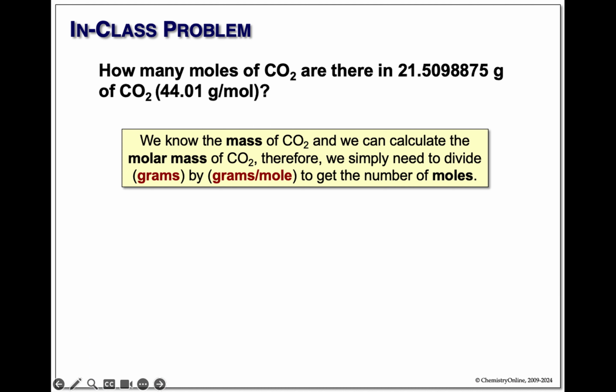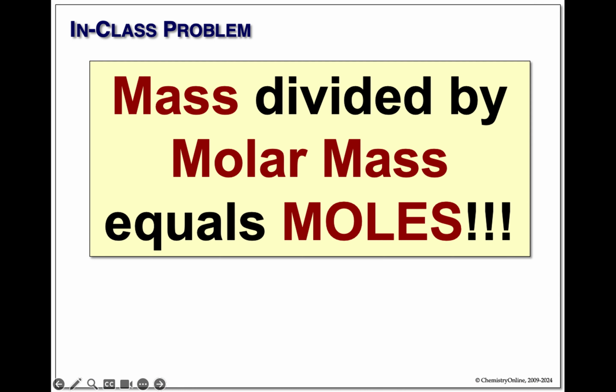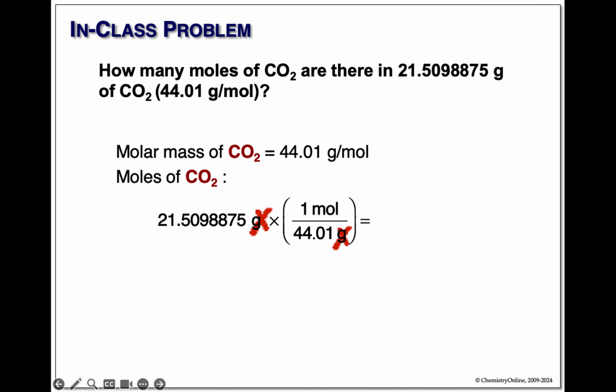Remember what we just said? Mass divided by molar mass gives us moles. Again, it's a very useful thing that comes up all the time. So, there's our mass, here's our molar mass. Simply divide them. What do we get? We get 0.48875 as our calculator answer.